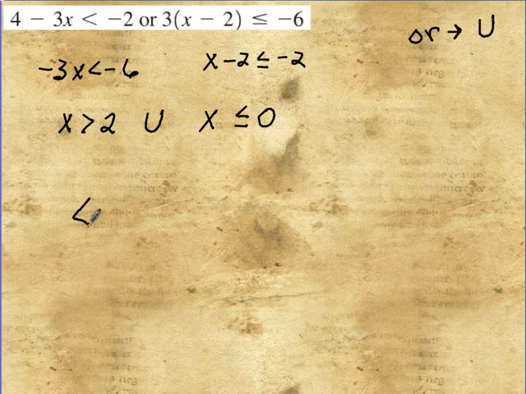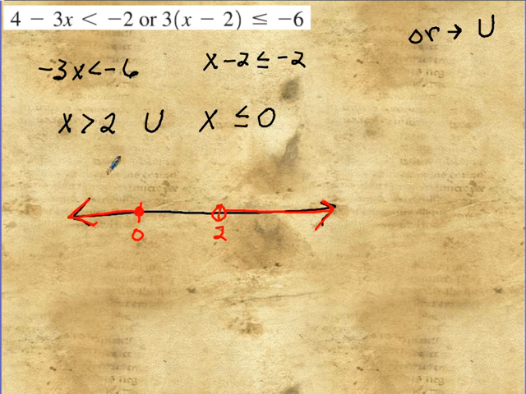So your answer is all numbers bigger than 2 or all those numbers smaller than or equal to 0. So it looks like this. Here's 0. Here's 2. All the numbers, not including 2. All the numbers from 2 to infinity. Or all the numbers smaller than or equal to 0.